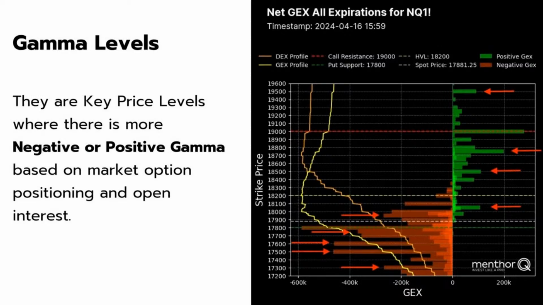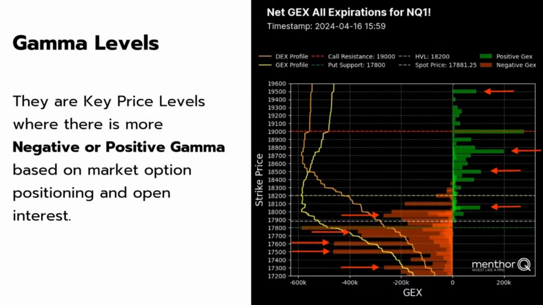So if you guys have been with us this week, yesterday we talked about the put support level. We talked about the core resistance level the day before. But just to go into details, what are gamma levels? Gamma levels are levels taken from the option positioning, and they represent reaction zones.